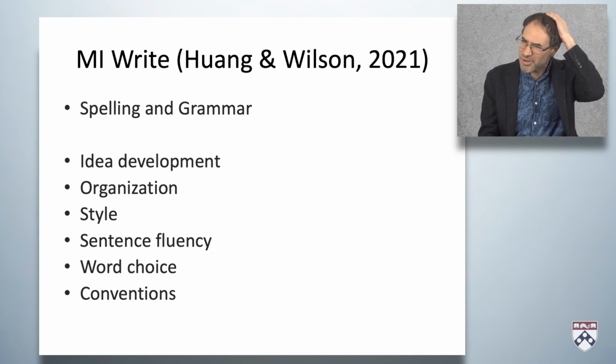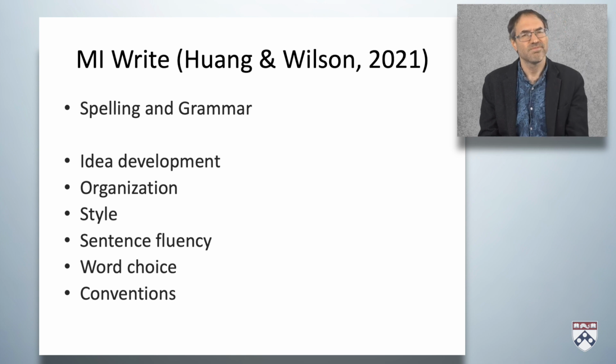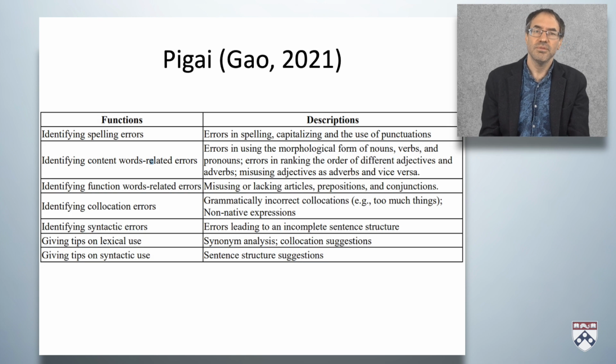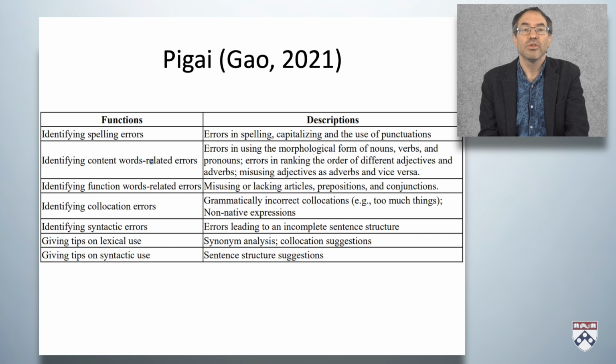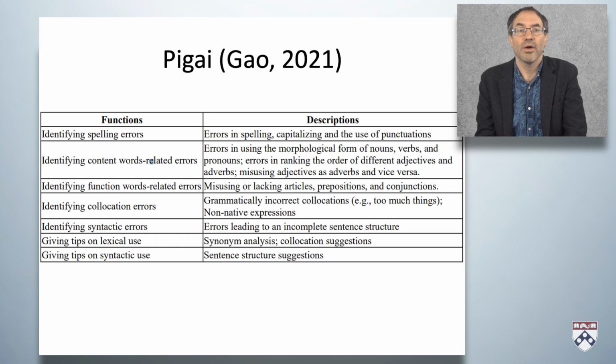Some of this looks familiar to me for some reason. Gao et al. looked at, in their system, identifying spelling errors, identifying content word-related errors, identifying function word-related errors, collocation errors, syntactic errors, and tips on lexical use and syntactic use.